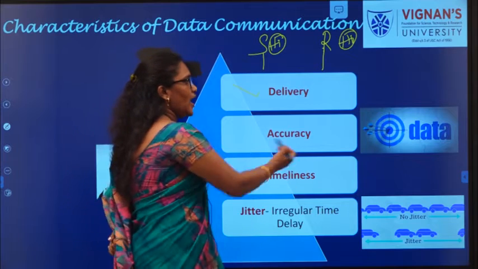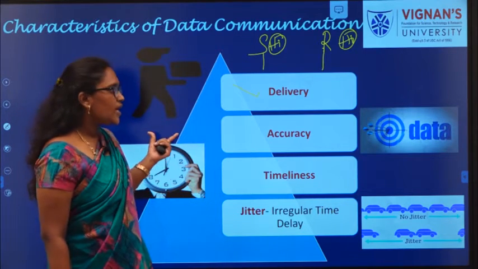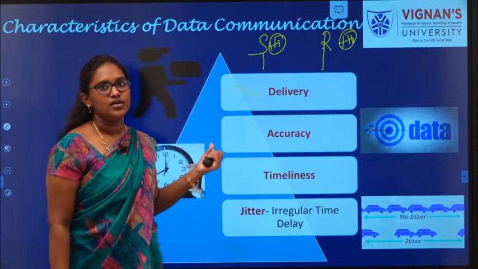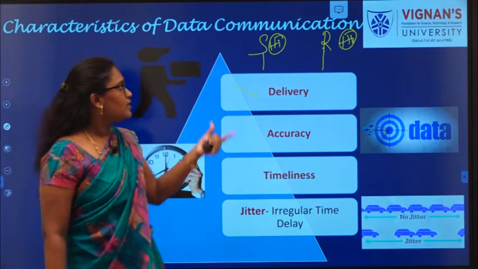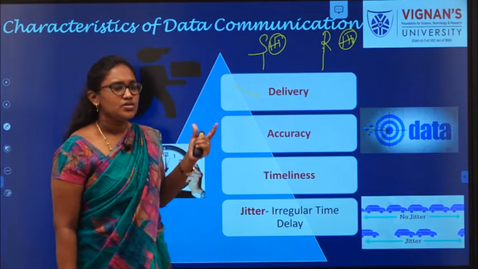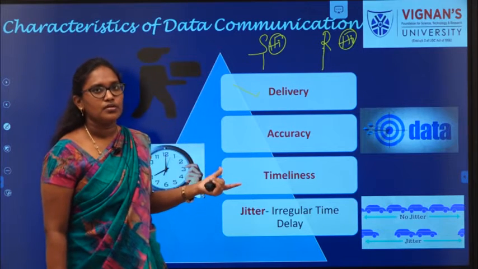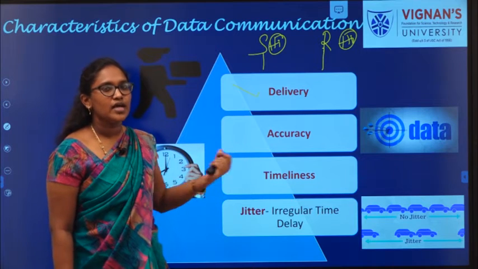Next one is accuracy. Accuracy means there should not be any kind of fault in the data. Next one, timeliness. I am sending a hi message to the receiver, right? The network should support timeliness. So what is timeliness?